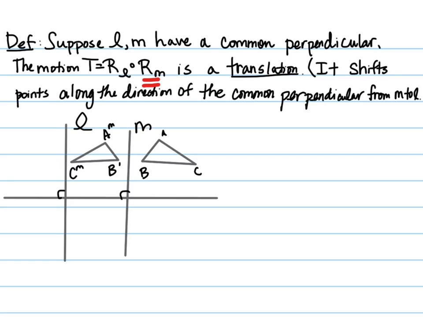And then if I reflected it over line L after that, I'm going to cheat this time. I would end up over here, approximately anyway.